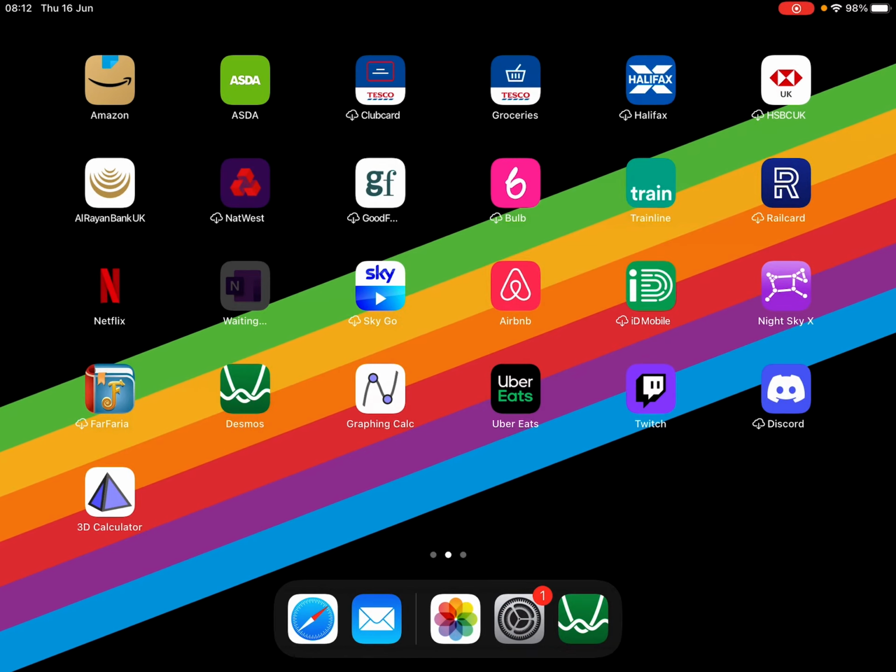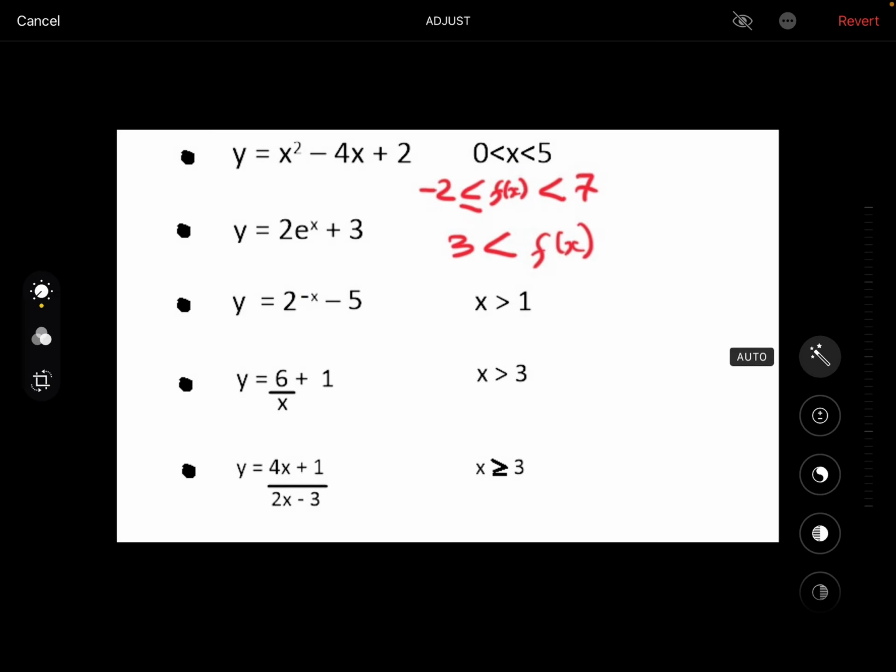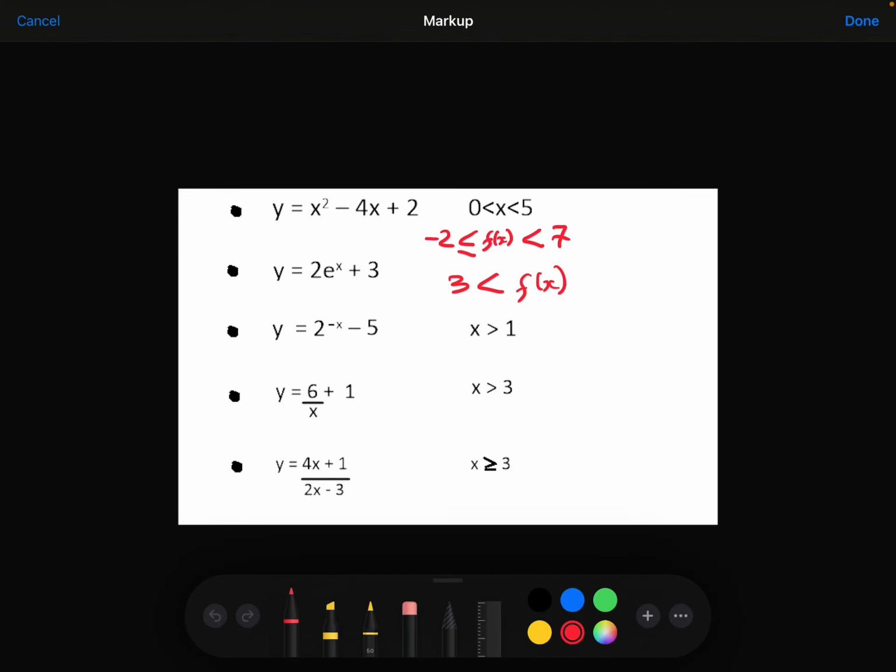So I can now say that the y coordinate has to be bigger than minus 5. It can't equal it, because that was the asymptote. And it has to be less than the minus 4.5.